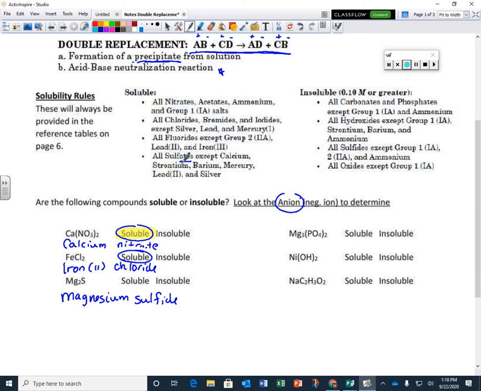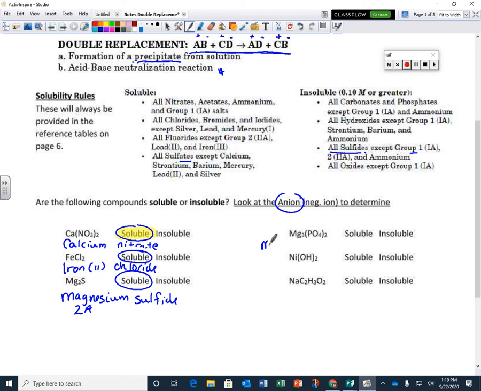But here we have on their insoluble side, it says all sulfides are insoluble, except if it's with an element in family 1A on the periodic table, 2A, or ammonium. And magnesium is a family 2A metal. So it is one of the exceptions. So instead of being insoluble, this is also soluble.